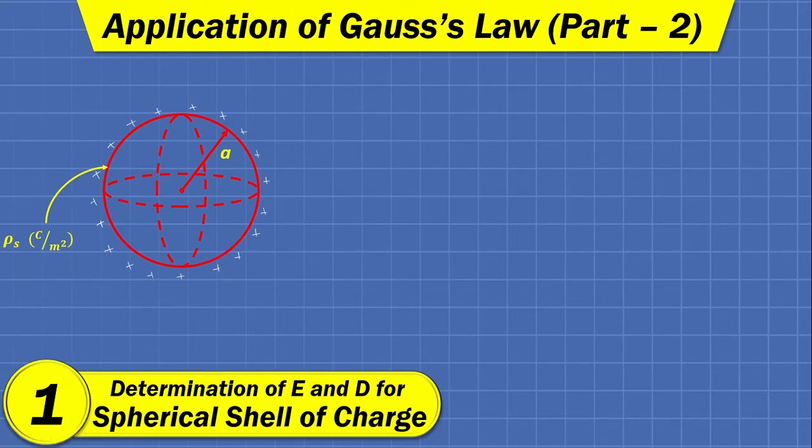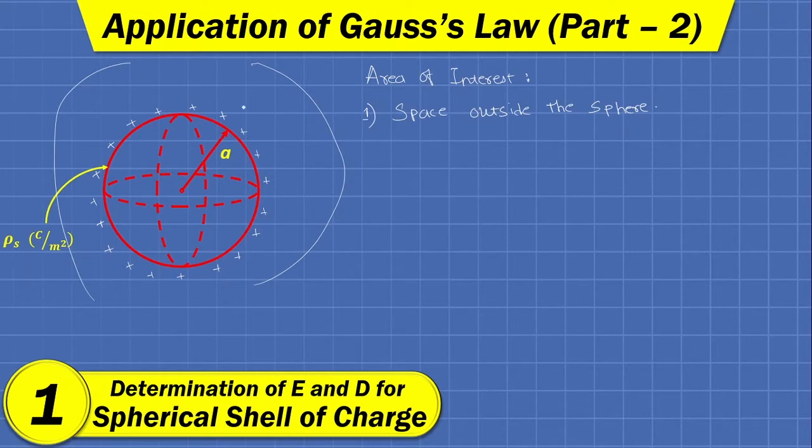Now if we want to analyze the full case, then we need to consider three regions. So our areas of interest for this case will be three. The first is the space outside the sphere. For all this region which is outside the sphere, what will be the value of E bar and D bar?